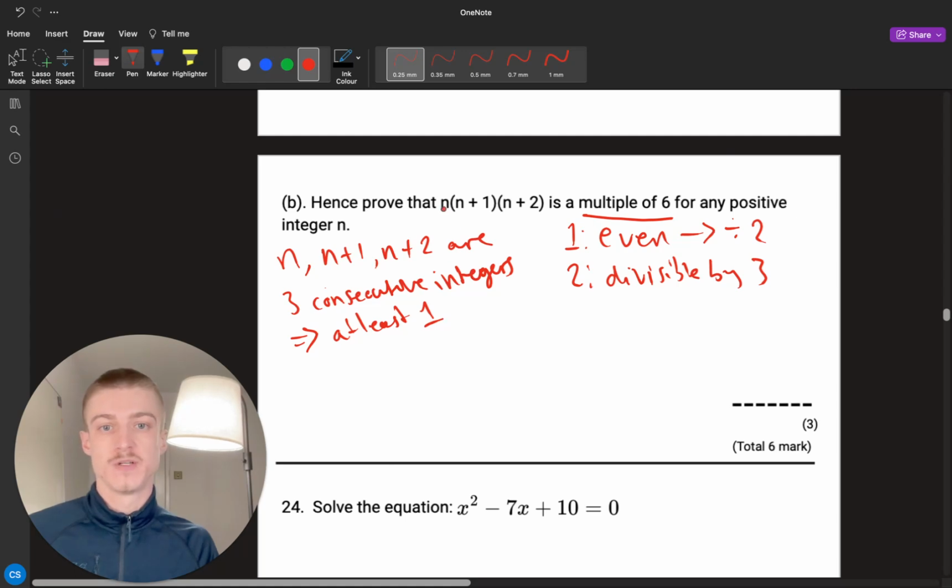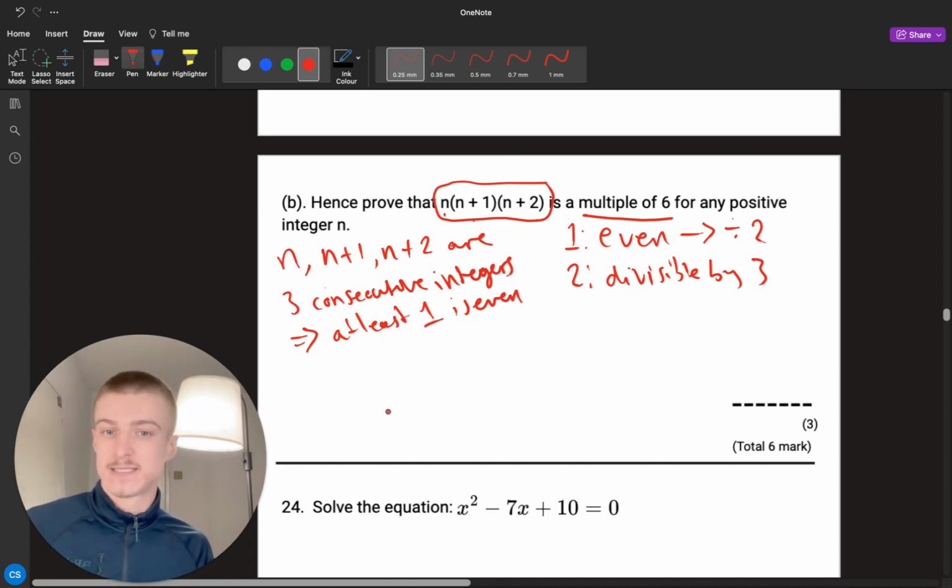At least one of these numbers, n or n plus 1 or n plus 2, is even. And so if we have an even number and we've multiplied them all together, we've found the product, then this expression is even, because anything times an even number is going to be even, the product's going to be even.